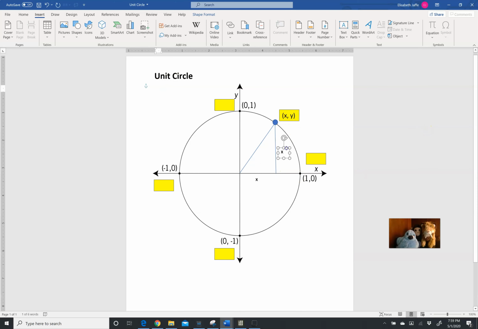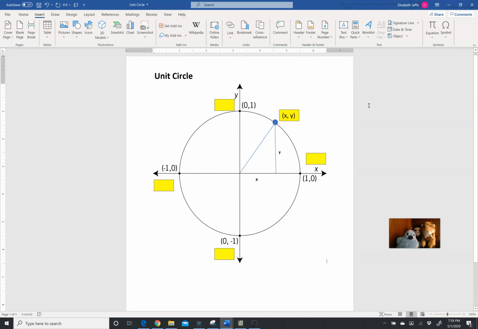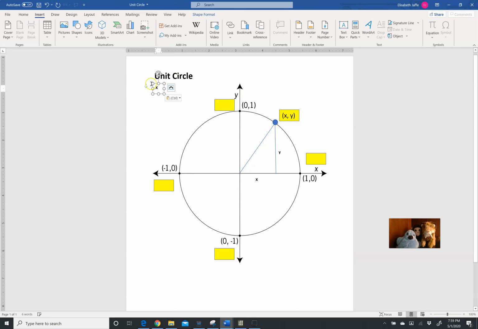So over here, this is equal to y. Okay. Now we know something else. We know what the length of this line is. The length of this line is 1. Because it's the unit circle, this is the radius.